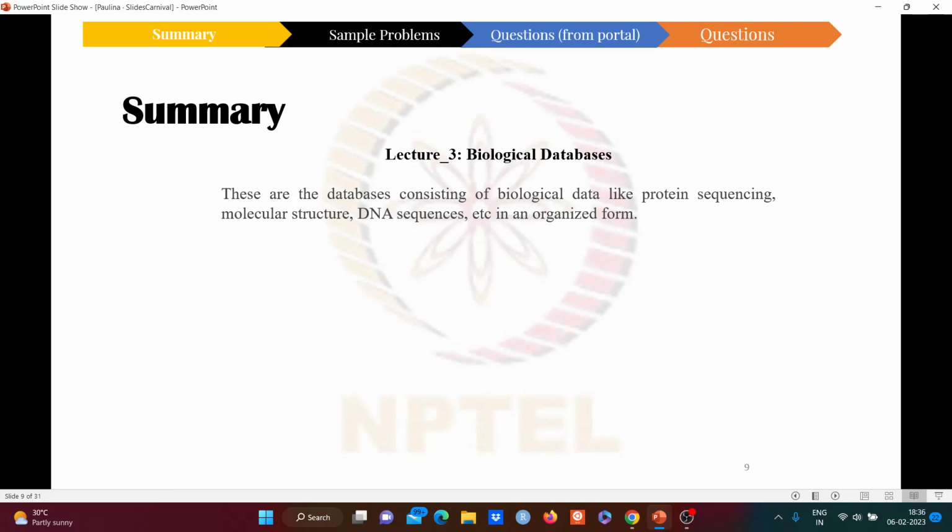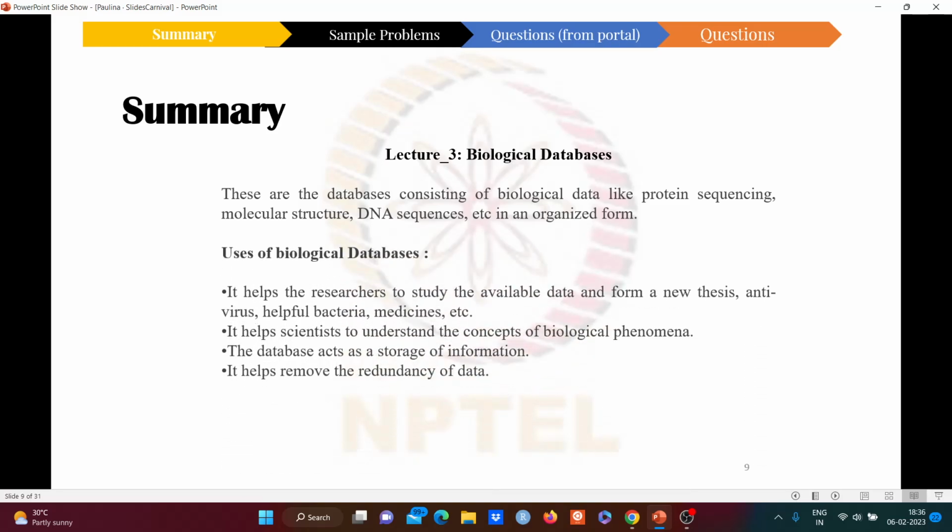These biological databases are free to use and contain a huge collection of a variety of biological data. Understanding the uses of biological databases, it helps researchers to study the available data and form new hypotheses. Secondly, it helps people to understand the concepts of biological phenomena, and this also acts as storage of information.